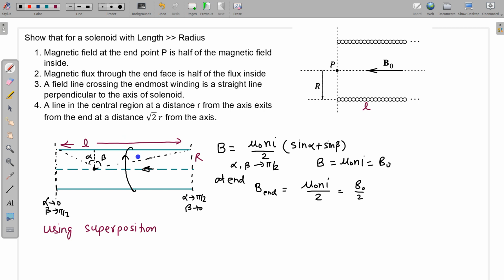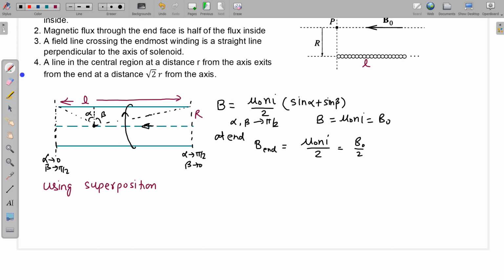So I am bringing another similar, identical solenoid, and I will place that solenoid at the end, and then we will have a solenoid of length 2L. Suppose for superposition, I am bringing another solenoid.